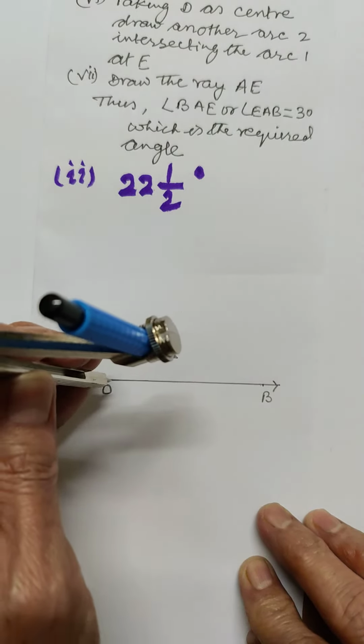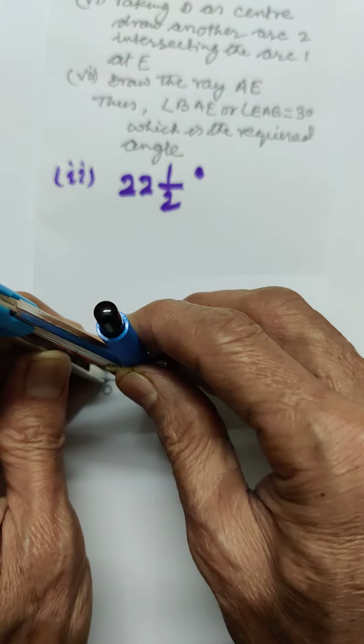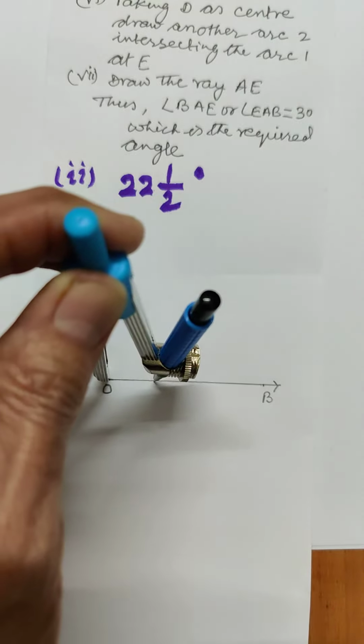So for drawing an angle of 90 degree, we take O as a center, and with a suitable radius, we draw an arc.